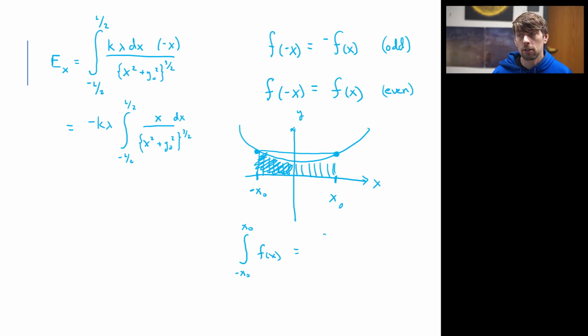And so even functions have a nice property that when you integrate an even function over a symmetric interval, it is the same as going from 0 to the limit and multiplying by 2. Now, that doesn't make the integration any easier, but it does at least make the evaluation of the integral slightly easier. Oftentimes, it's more straightforward to plug in 0 when you're evaluating limits rather than some other number.